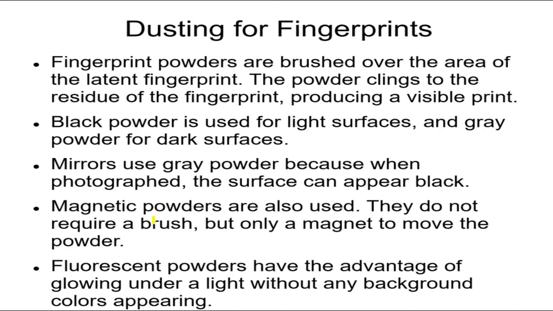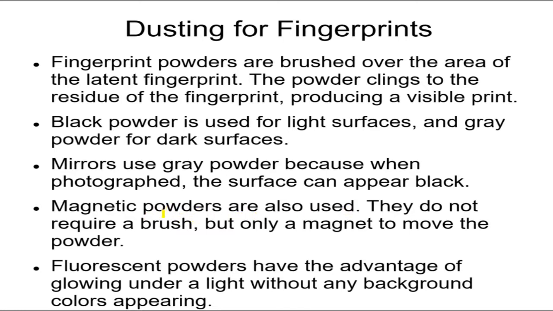The more modern method is to use a magnetic powder. It's not a dust. It's a magnetic powder. Because when you brush the powder all over the area, it might smear things a little bit. So the magnetic powder does not need to be brushed. You just dump the magnetic powder on it, and you take a magnet and suck up the rest.